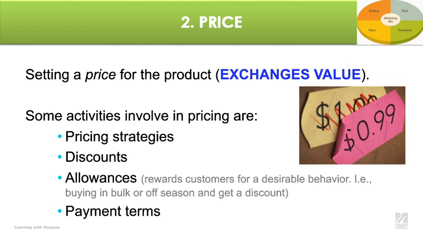Will we have discounts? Will we have allowances? Some people will give rewards to customers because they bought 2 or more, because they are buying monthly, because they are subscribed to a monthly program, etc. Everything that we will do with our product in terms of price needs to be written down and presented in this strategy plan.